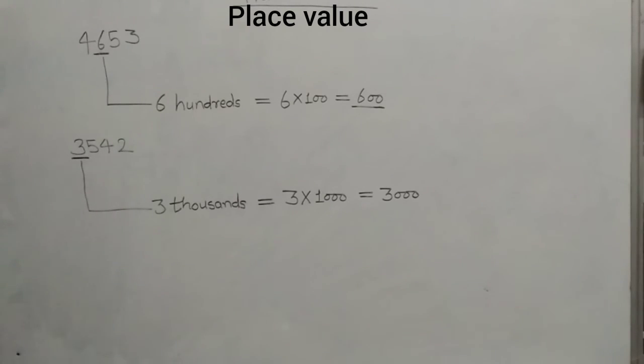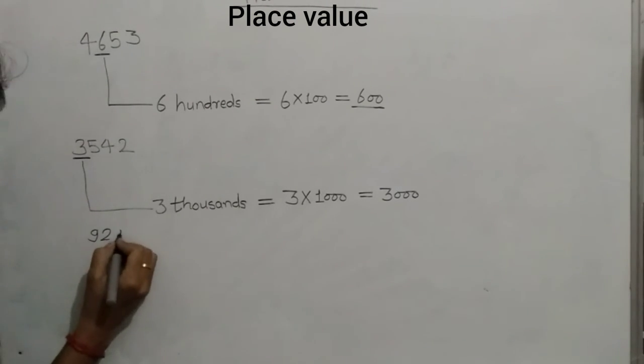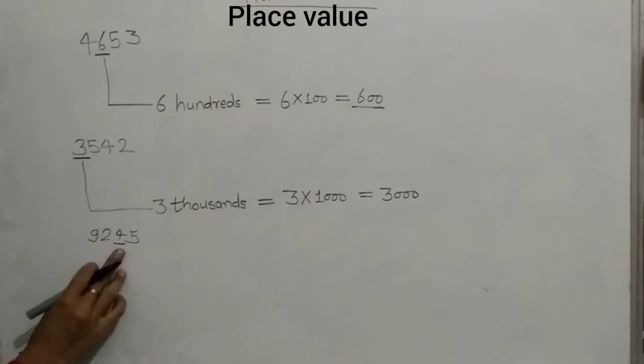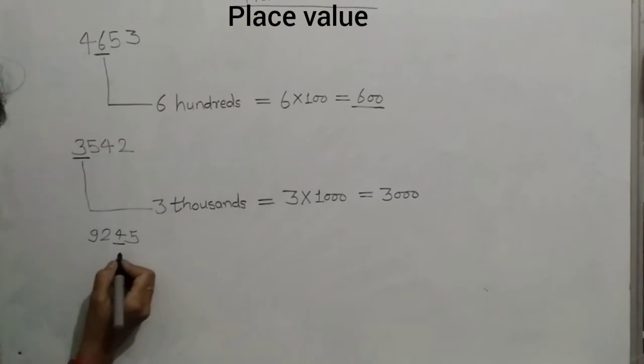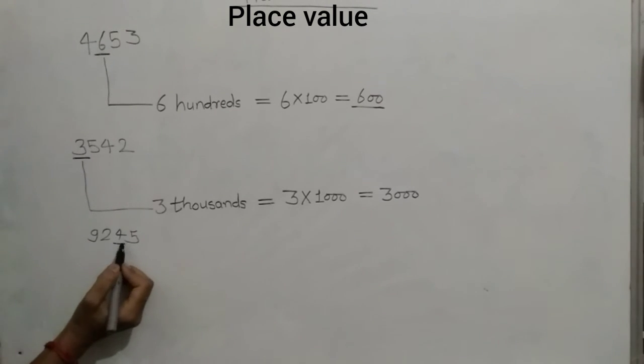Let us see another example. Here the underlined digit is 4. Now we will find the place value of the digit 4. हम केवल 4 का ही place value find करेंगे. Okay. Here 4 is at tens place.